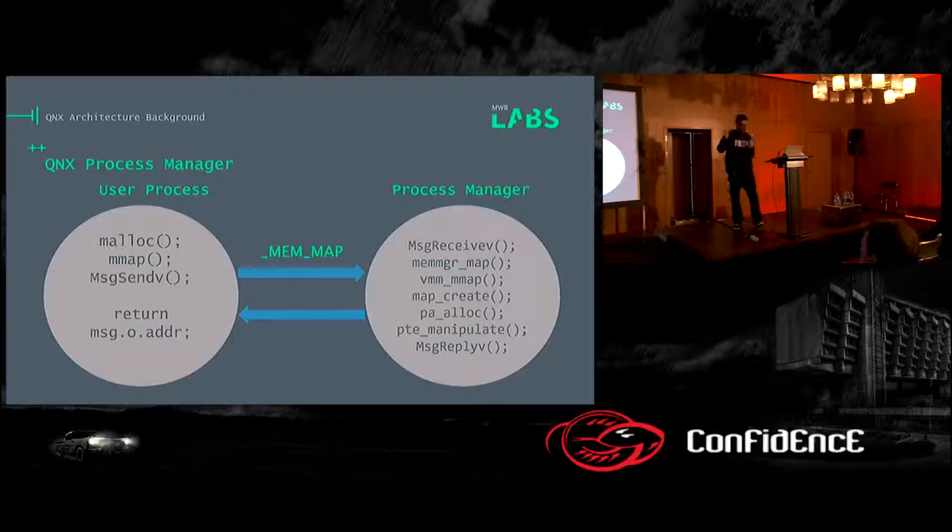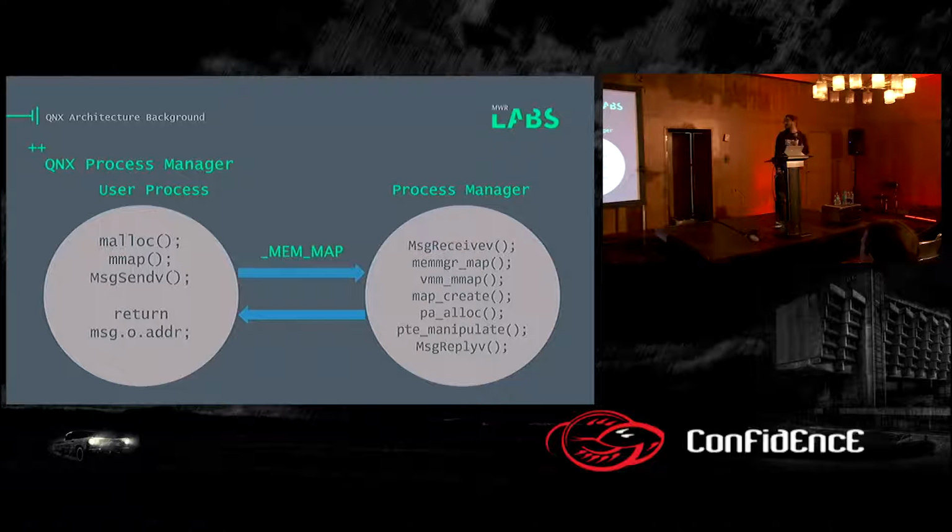In this case, let's imagine you have a user-land process that wants to allocate some memory using malloc, for example. You, as a developer, just call malloc, but under the hood, the operating system will translate the malloc function call and generate a message from this malloc function and send this message over to the process manager. And in this case, the message type for this message would be memmap, basically create a memory mapping.